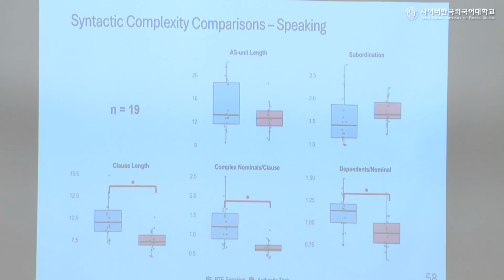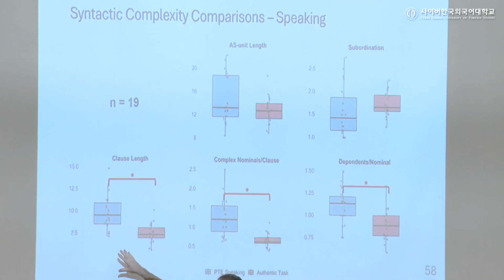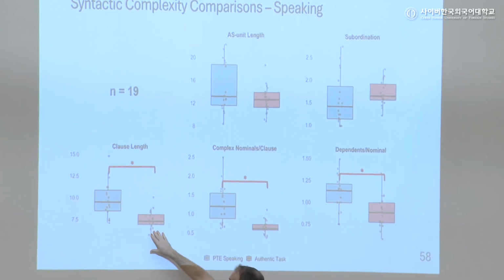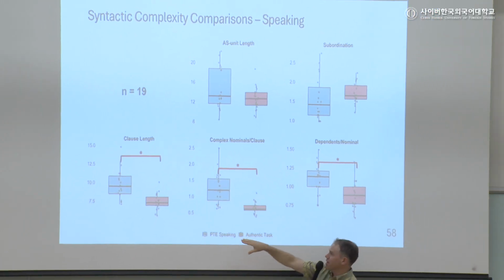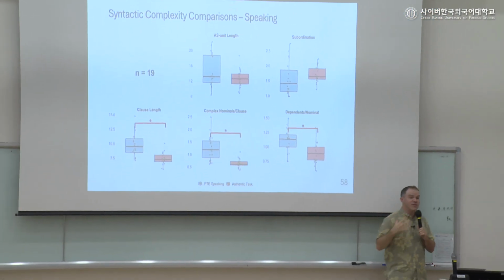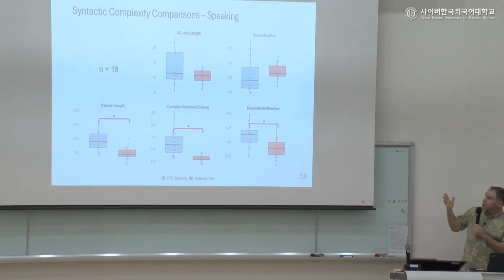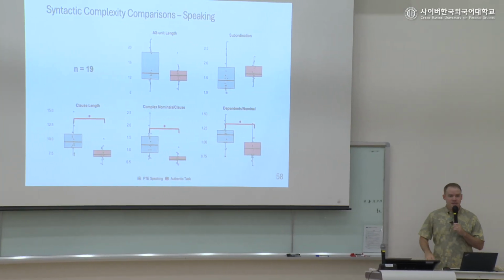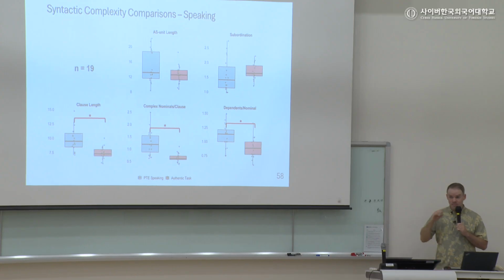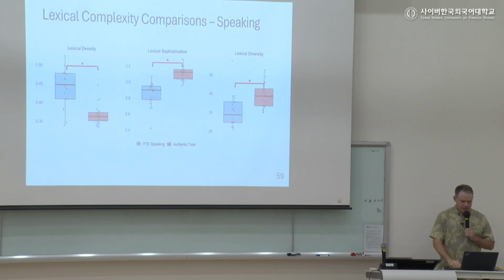Like, starting with speaking here, is clause length on the PTE speaking on average similar to clause length for the same people on their authentic speaking tasks, where they gave feedback on a model essay? And we can find several instances where there are statistically significant differences in the mean level of test task and non-test task performance. Okay. Same for lexical dimensions.